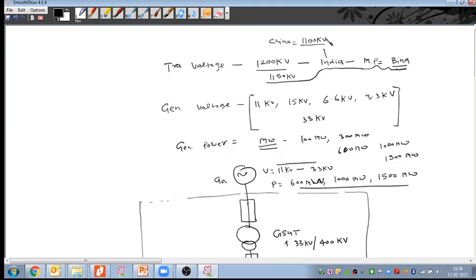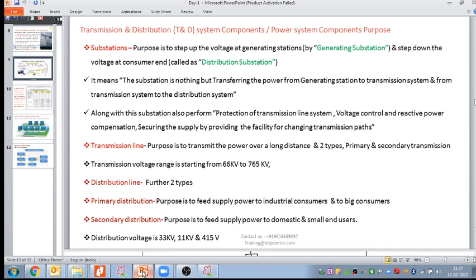And before that, it was China that had 1100 kilovolts. The reason is the huge pollution and the huge geographical regions. Due to that, they have very high voltage for transmission purposes. Yes.